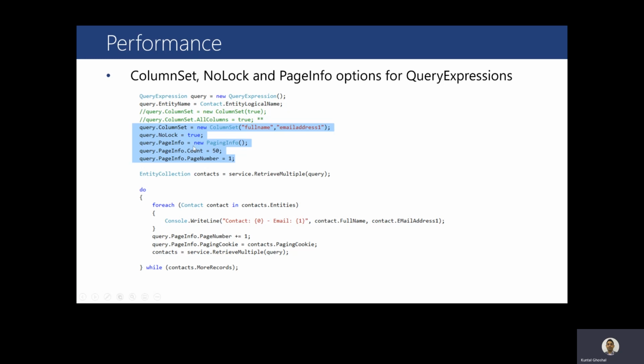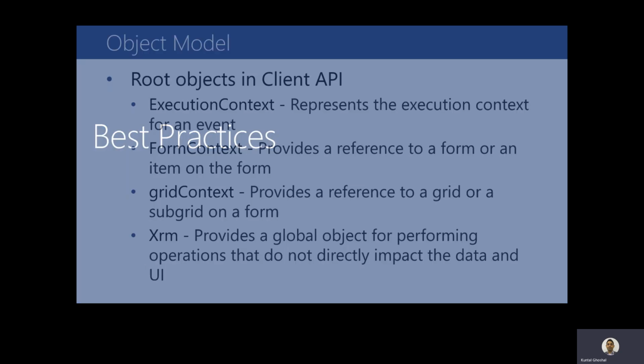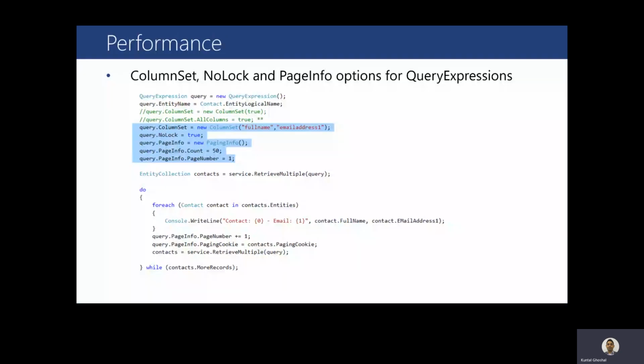As you can see in the code here, we have this query option where we can also have the column set as blank, in which case it will retrieve the entire column set from that entity, which might not be required for my execution. So it is always recommended that when you are writing a query expression, you always specify the column set and provide only the columns that you require for that execution.